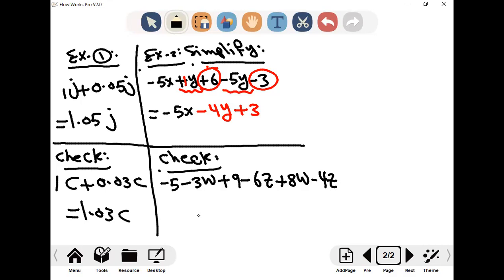Let's do the numbers. Negative 5 plus 9 is positive 4. Here is 4. Now the w's: negative 3 plus 8, positive 5.